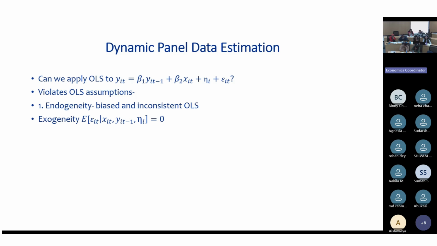So which means that Y_{it}, today's value, is related to eta_i. The past value of Y is also related to eta_i, right? This is what I'm talking about. It's the same eta. But look at the other X variables. These X variables change, but the eta doesn't change.